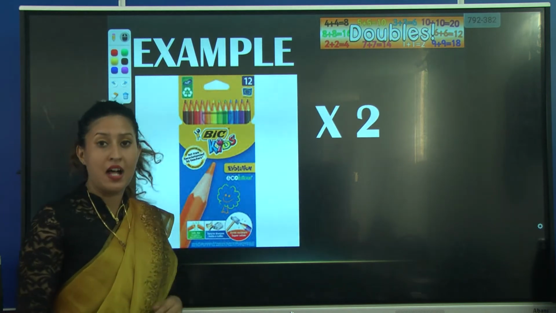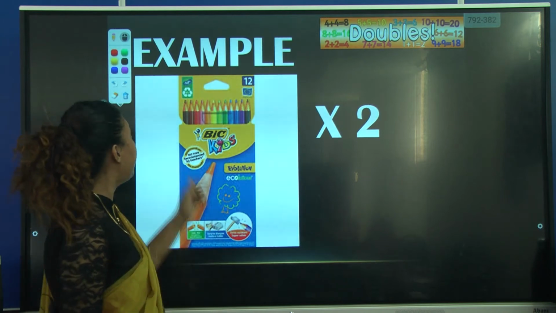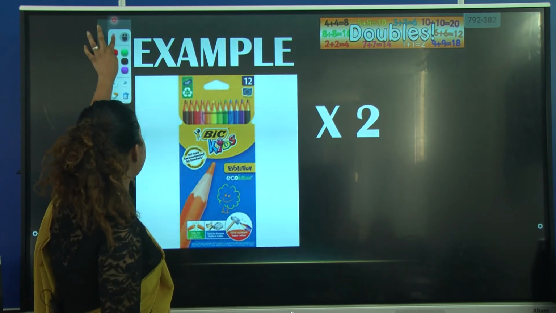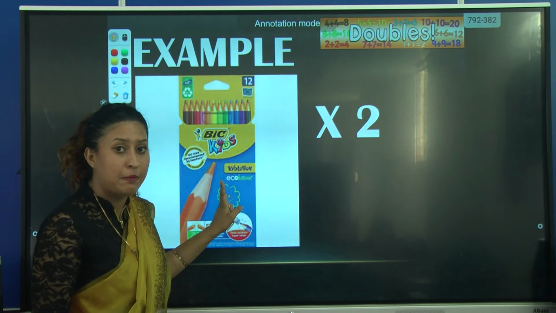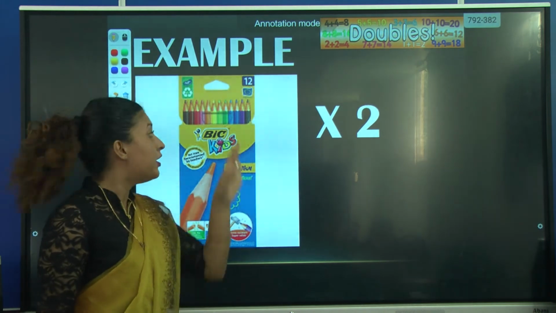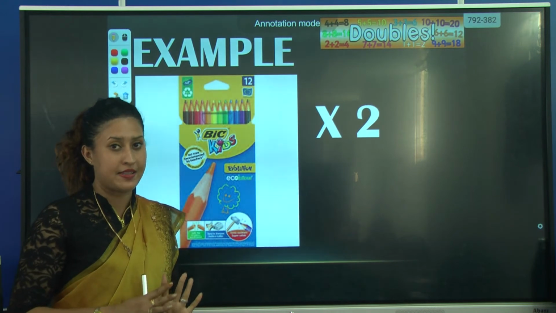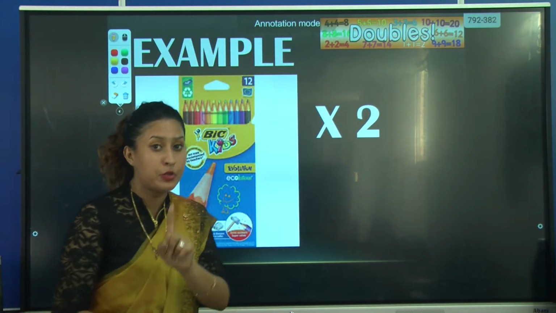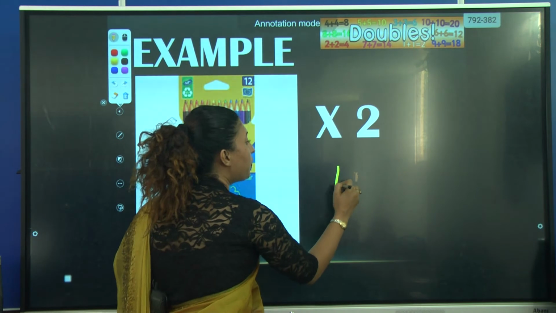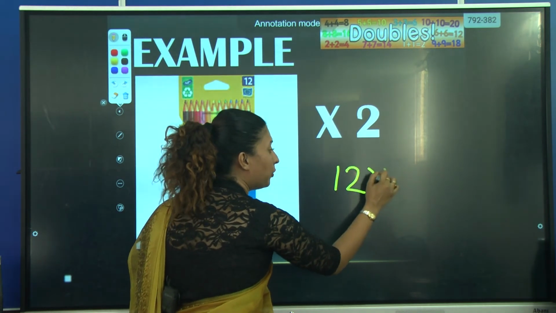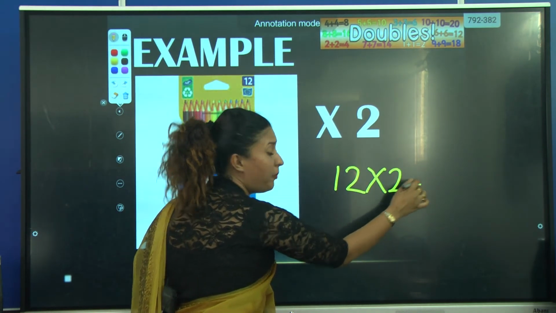What will be the answer? Tell me. Which means, see, in one color pencil box I have 12. I have 2 color pencil boxes, so 12 into 2. How much?